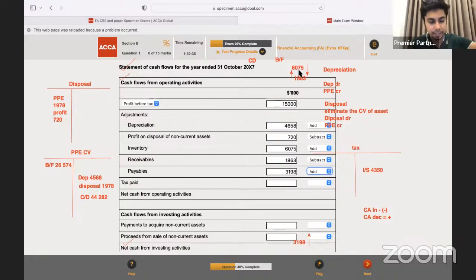Then see whether it has increased or decreased when compared to the brought forward. Then you apply your theory. Current assets work this way. Current liability will work in the opposite way. So if you want to clarify any doubts, please do ask me. Right. So I will erase this one for the time being. Even this double entry, I'm erasing from the screen.